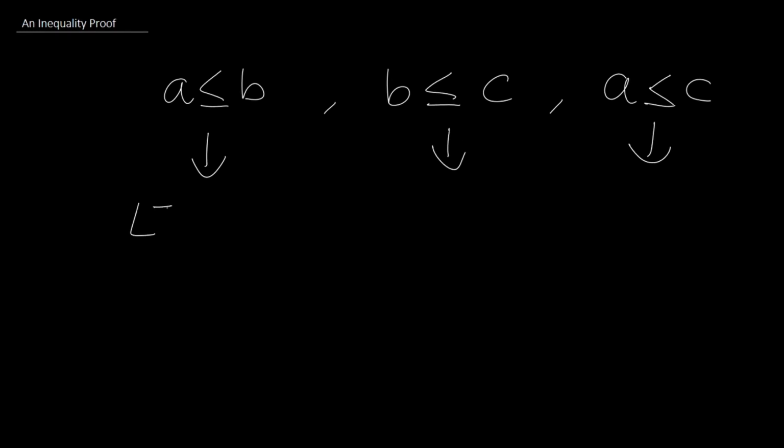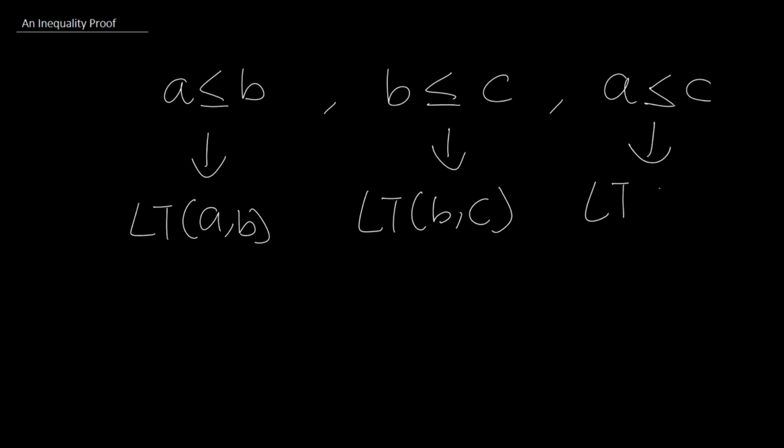We can just say LT(A,B), LT(B,C), and LT(A,C). And like I said, it could work if you gave each one of these different symbols. You could let this one become like A, this one become B, and this one become C.